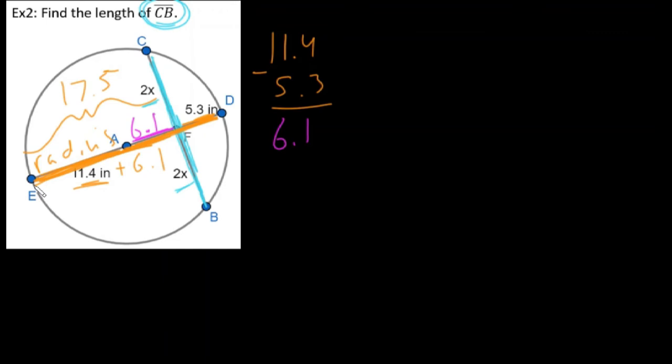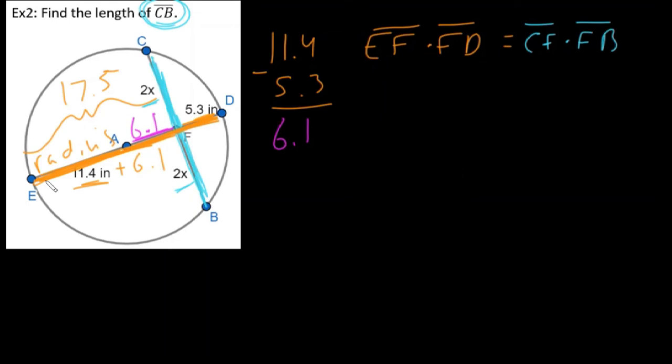So here's what we'll say first. We'll say that this piece, EF, times this other piece of the same line, FD, must equal, and then I go back over here to where I have this in teal, this portion right there, CF, times this portion right here, FB. And now we can just go ahead and plug in all our information.